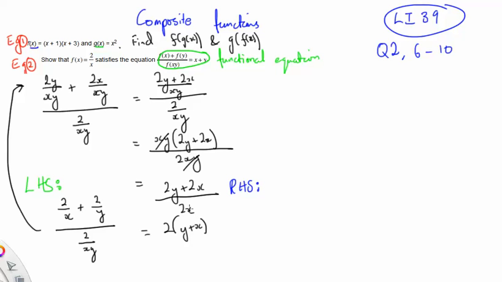Oh, whoops, that 2x doesn't need to be there. We cancelled that. Apologies. Over 2, cancel those, and we get x plus y. The right-hand side is x plus y. It checks out. So we say therefore the left-hand side equals the right-hand side, and f of x satisfies that equation.